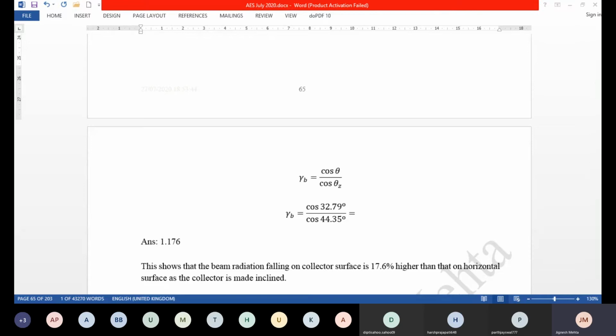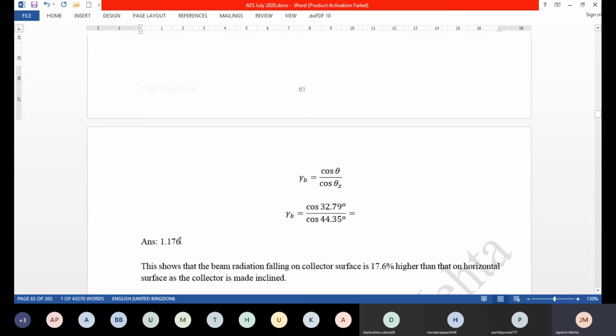Somebody has posted 1.175. That seems to be closer to this 1.176. Okay, so you should be close to this. Even if you write 1.17, no harm in that. Having the calculation and formula right is more important than the precision or the accuracy of the answer.